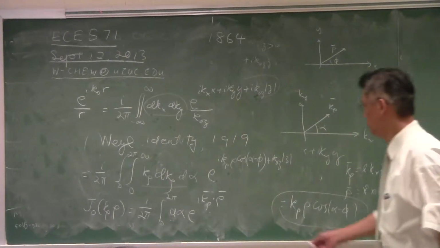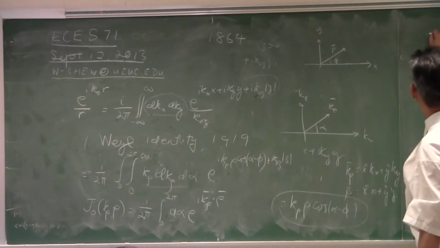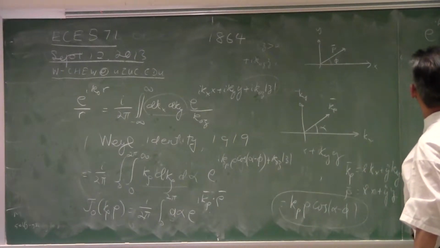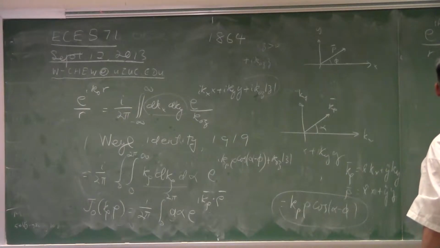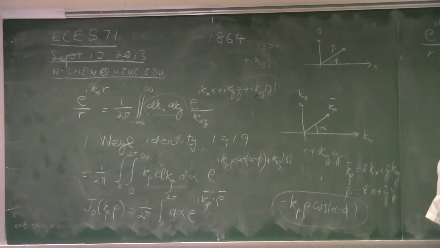And hence you can do the integration and end up with this identity that this function is actually i, integral from 0 to infinity, d k rho over k0z, J0 of k rho rho, e to the i k0z z.